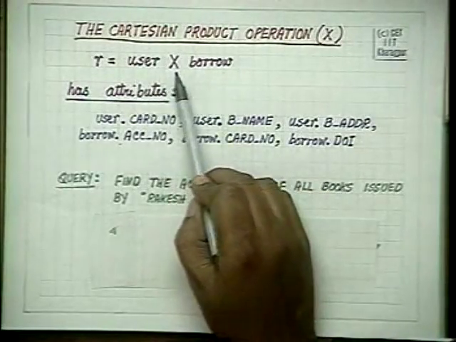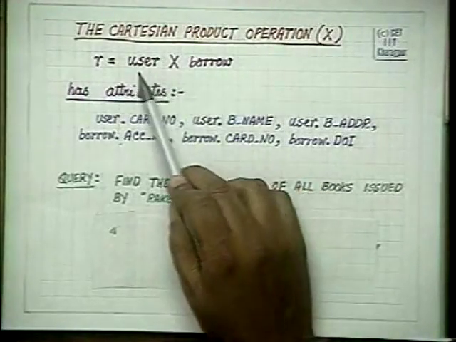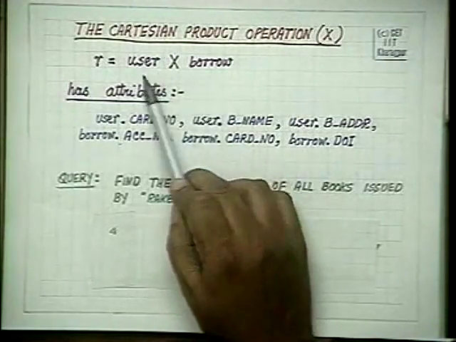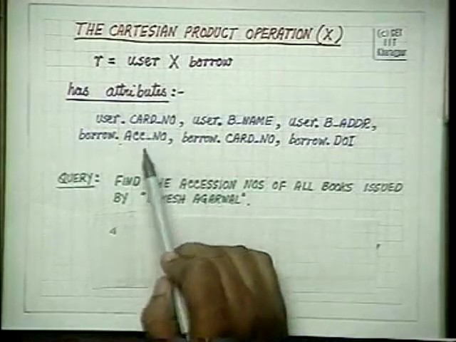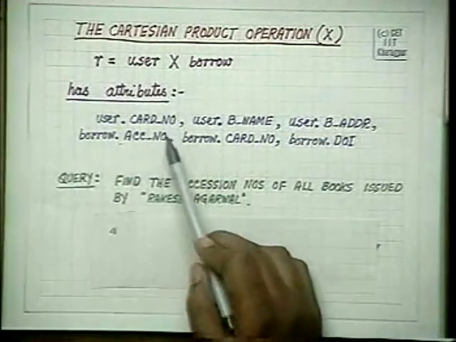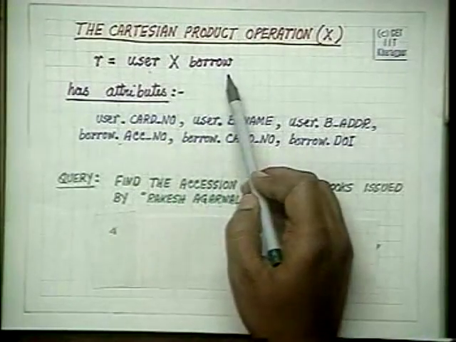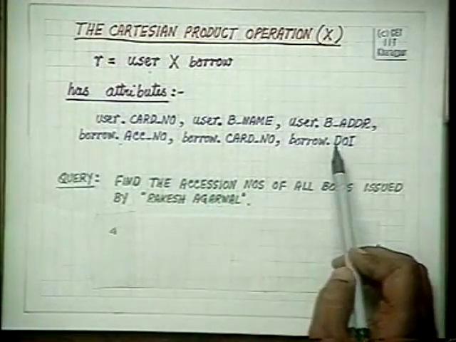So user Cartesian product borrow will have six attributes. This has three attributes, this has three attributes, so it has six attributes.